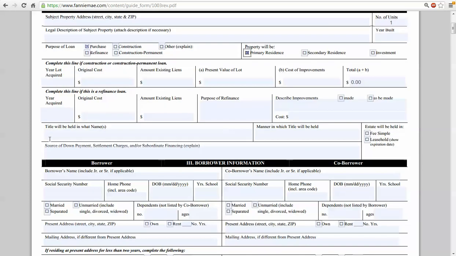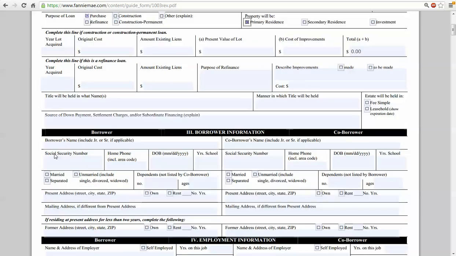And then the last part is how you'll be holding title of the property. Typically, people hold title in their name. Other people hold title in a trust or in an LLC, so you can just detail how you want to be holding title.